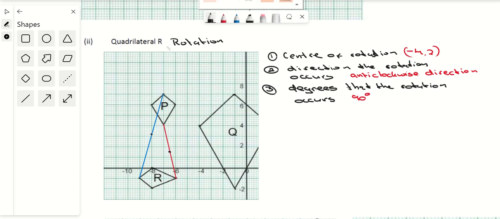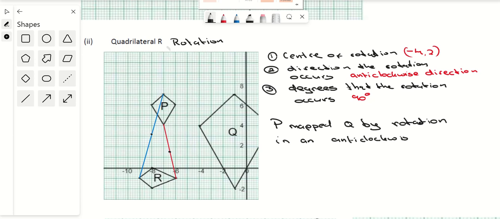So now we can say that quadrilateral P maps onto R by rotation in an anti-clockwise direction, 90 degrees about the center -4, 2.